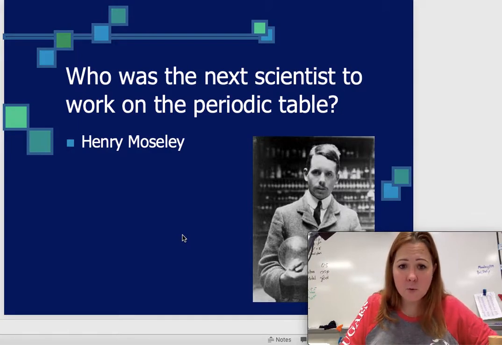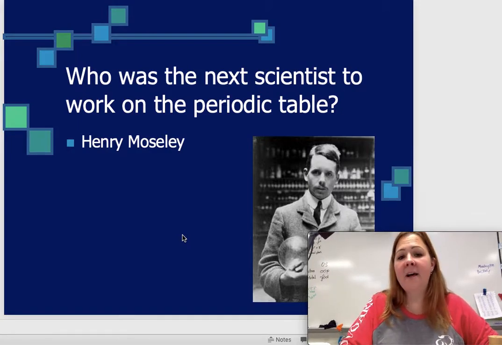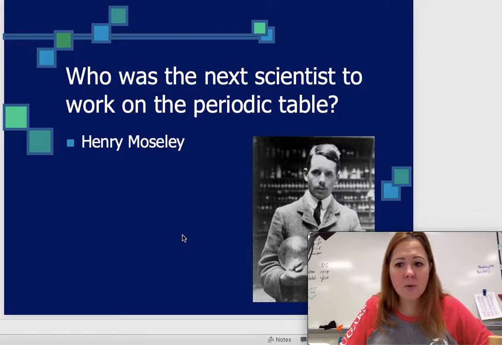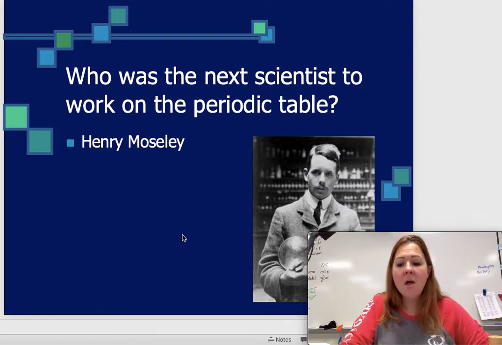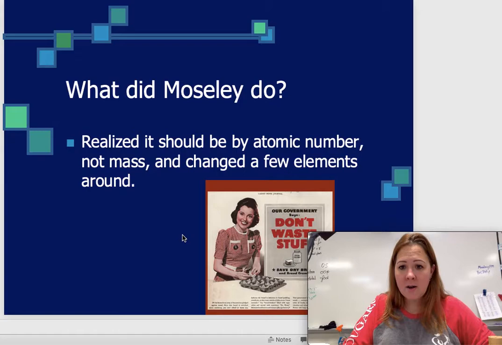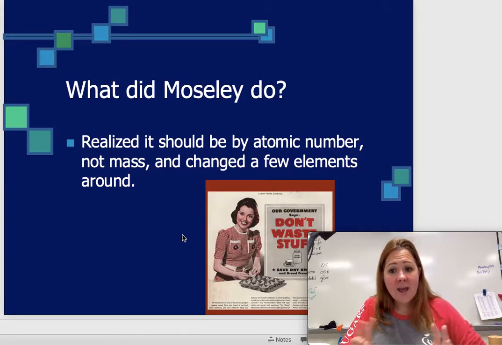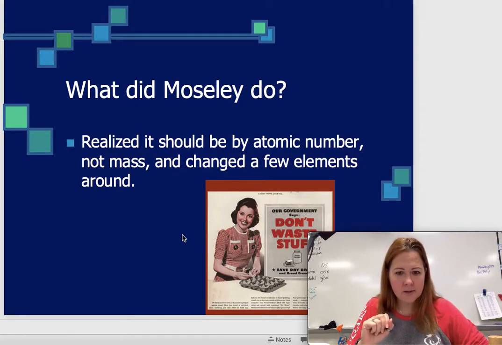It had a mass of 14. And as they started to fill out all of these different elements, protons, they realized, whoa, wait a minute. This is all following the periodic table that Mendeleev already wrote. So they added the number of protons, which they called the atomic number. And as they started to add, everything fell into place except for a few elements.